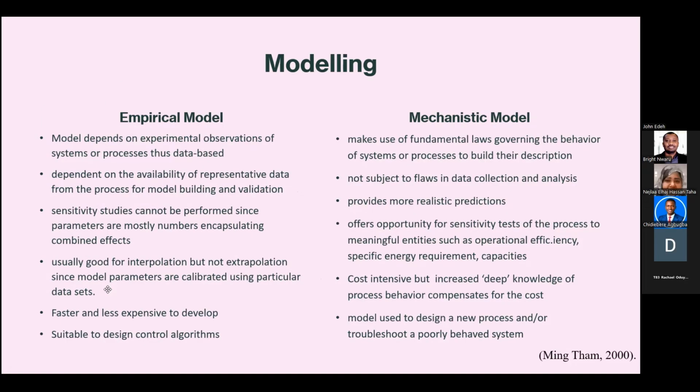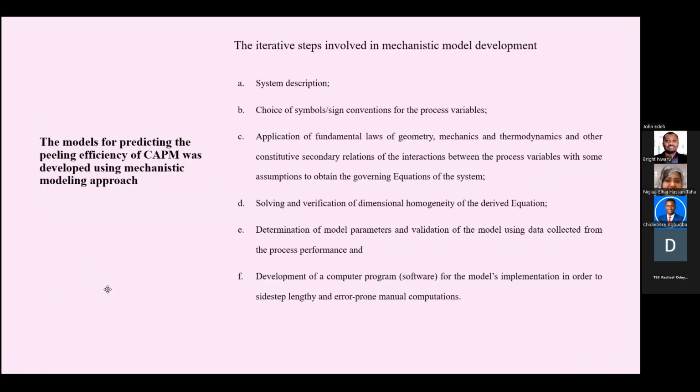Going forward, this mechanistic modeling follows certain iterative steps, which come with system description, choice of symbols, and sign convention for the process variables. Of course, not all the variables or input parameters are significant enough to affect our performance.